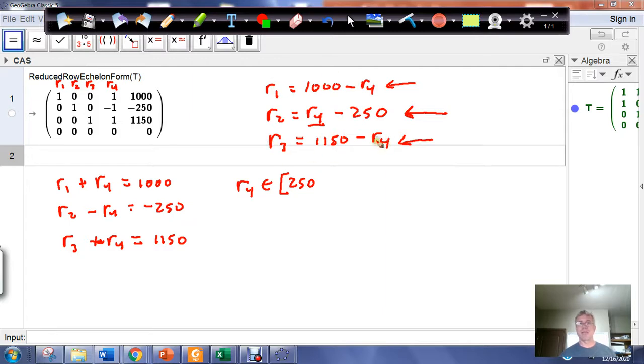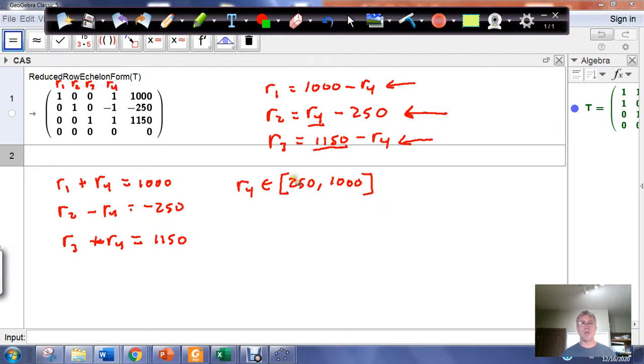Road 3 could handle road 4 having 1,000 cars per hour and still be positive. Road 3 could go all the way up to the 1150 before we would start getting negative numbers. So we're going to have to use the most restrictive parameter here. So road 4 can't exceed 1,000 or we get negative flow on road 1. So road 4 is going to have to range somewhere between 250 vehicles per hour and 1,000 vehicles per hour.